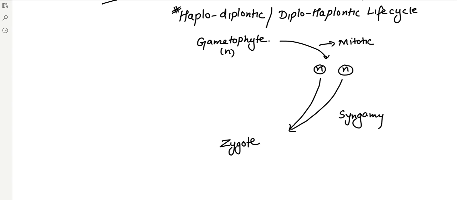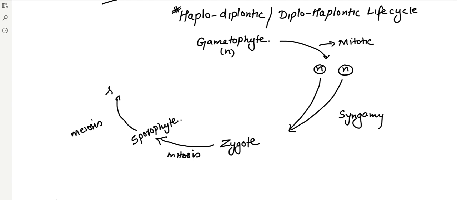Now we're going to add the diploid one. If you remember, from the zygote by mitosis, in case of diploid life cycle, we had the formation of sporophyte. Okay, now this sporophyte will do what, sir? It will undergo meiosis, and it will produce what? It will produce spores, because it can't produce gametes.